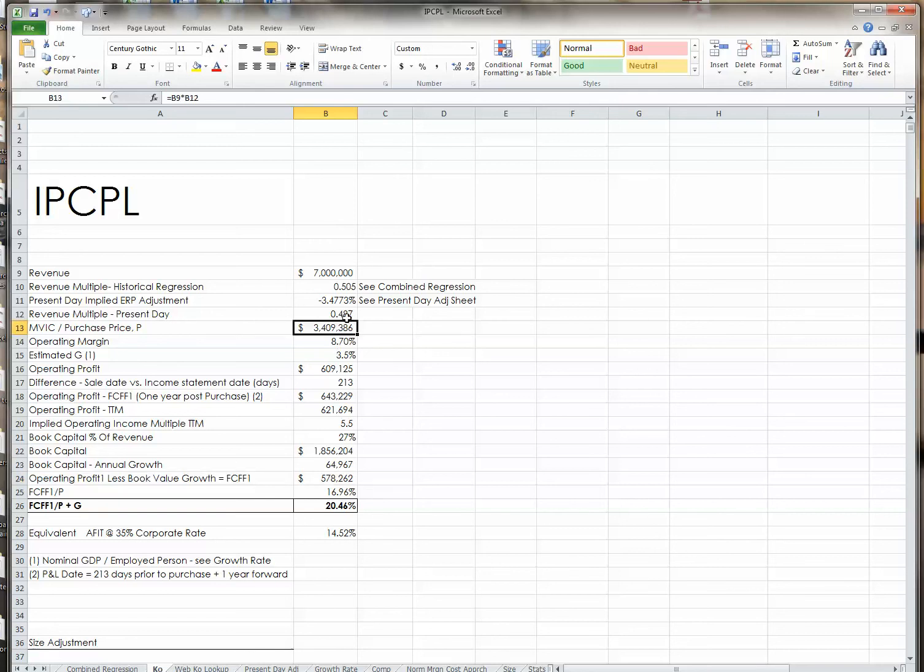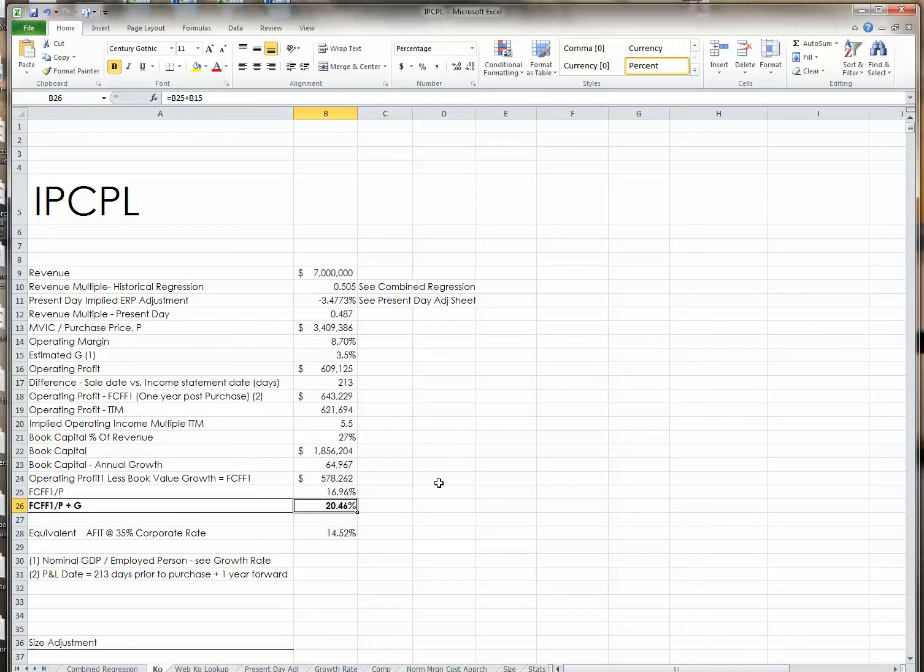Once again, we know the purchase price is 48.7% of 7 million from the regression and the adjustment of minus 3.4%. Therefore, the ratio of free cash flow in the dividend discount model, the Gordon model, divided by the price paid is 16.96%. So that's the ratio.